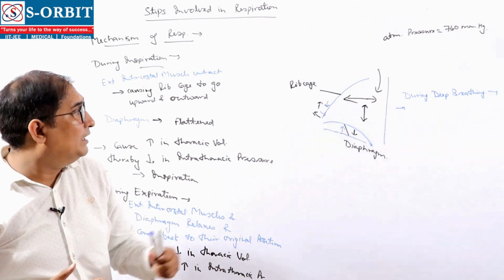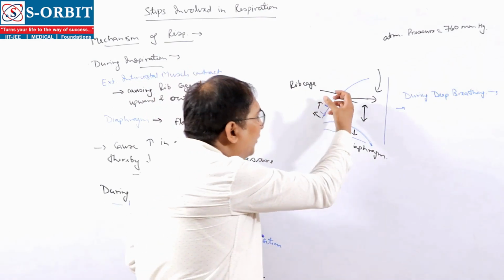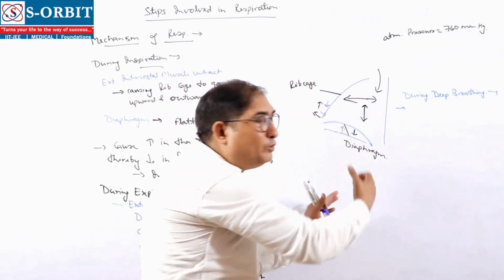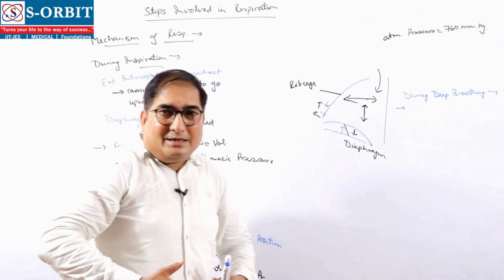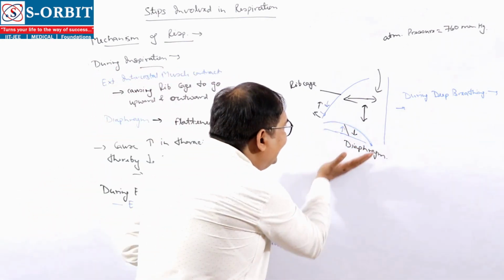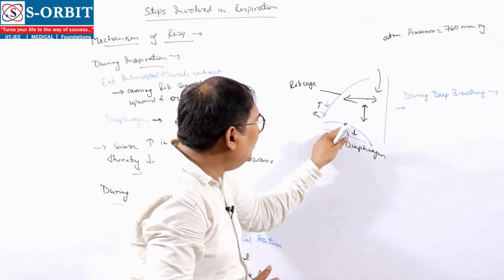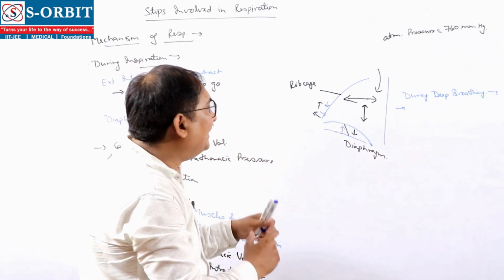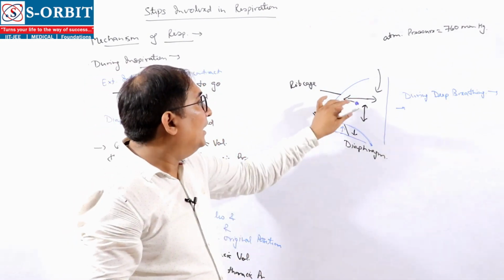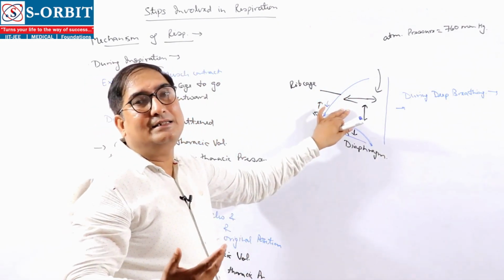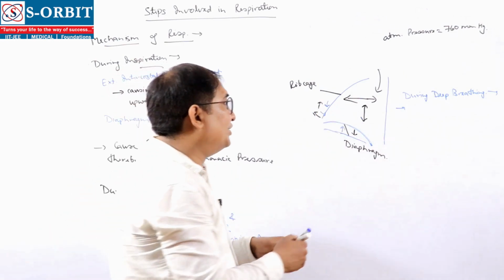The internal intercostal muscles pull the rib cage a little more inward, while the abdominal muscles contract, creating an upward pressure on the diaphragm. So the diaphragm goes a little upwards, thereby causing a little more decrease in thoracic volume, and it results in a greater increase in intrathoracic pressure, causing forceful expiration.